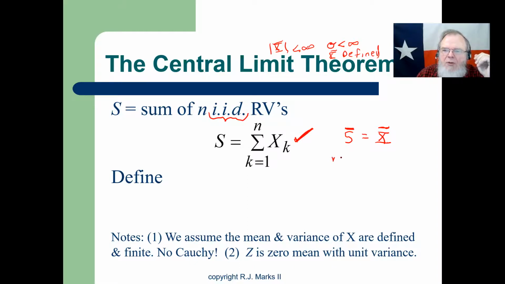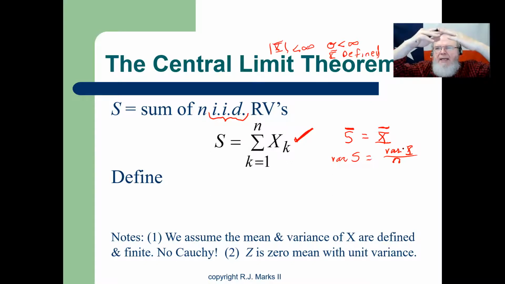And then we also showed that the variance of S was equal to the variance of X divided by N. That's the reason we can say that as the number of values N is increased, this variance of S gets smaller and smaller and collapses the probability density function to be centered where X bar is.